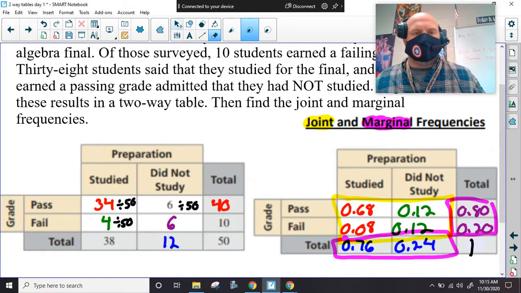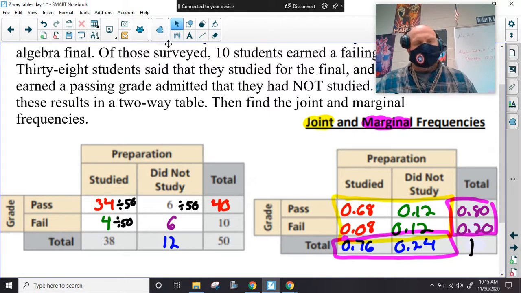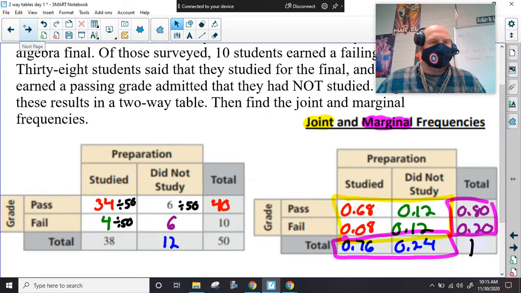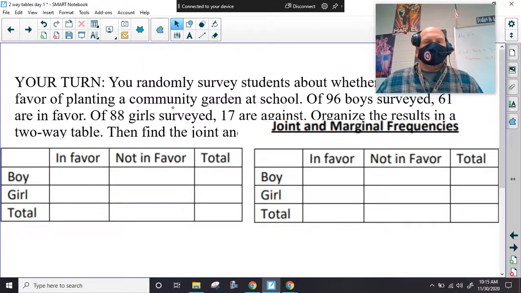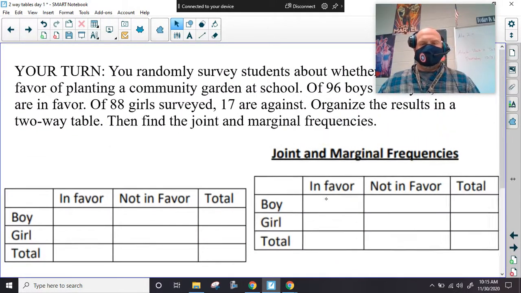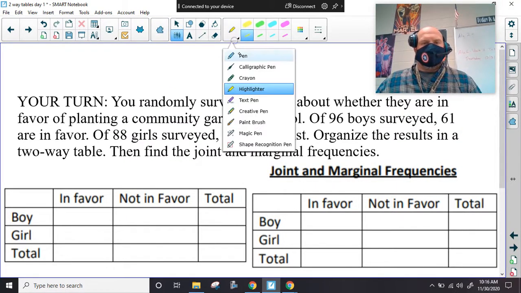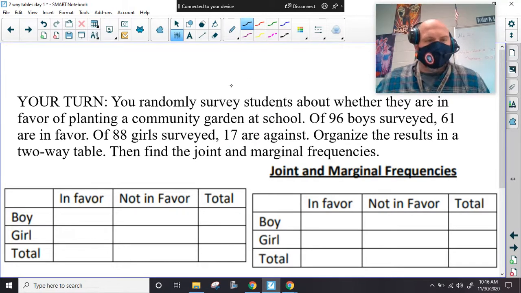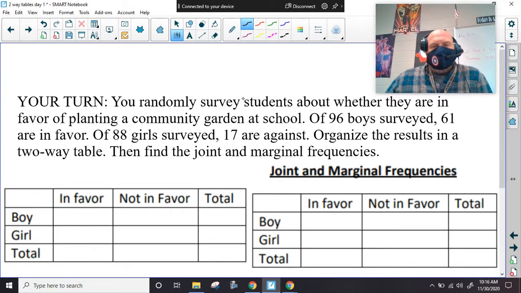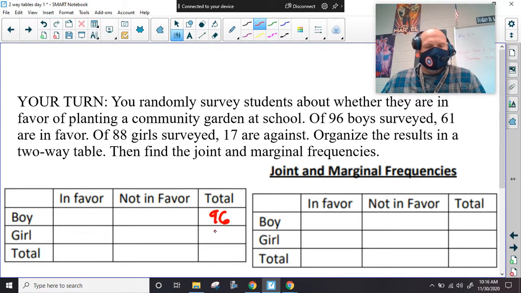All right, let's go ahead and go through this. It says your turn. We don't have that luxury anymore. Let's do this together. You randomly surveyed students whether they're in favor of planning a community garden at school. We have 96 boys and 61 girls. So we can say boys total, this was 96 and this was 61.